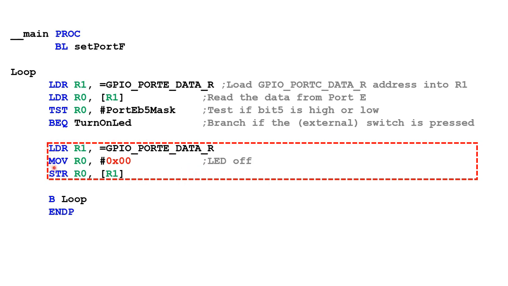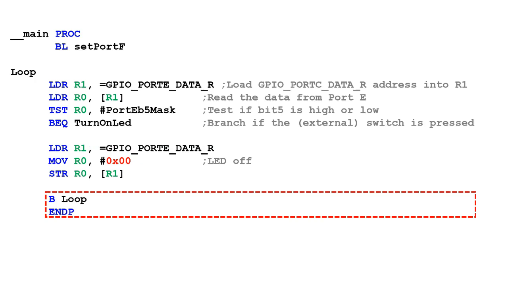Again, for the details of how this operates, please refer to the earlier videos that I mentioned. And here, B loop means branch back to this part of the main program. So that's branch to this point here. And END is the end of procedure. So this signifies the end of this procedure or subroutine.